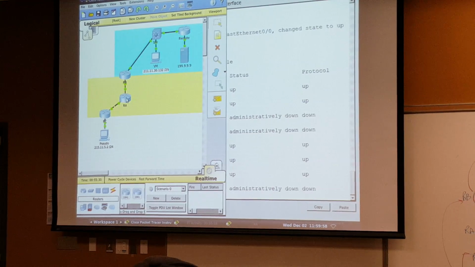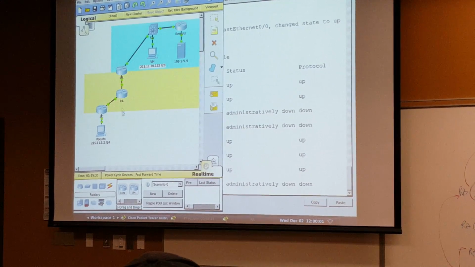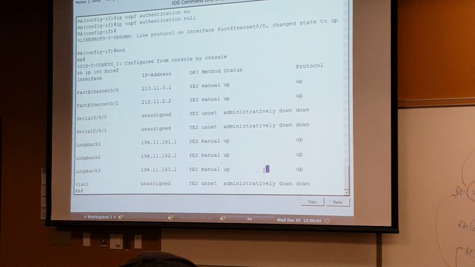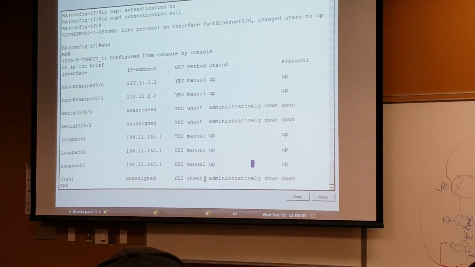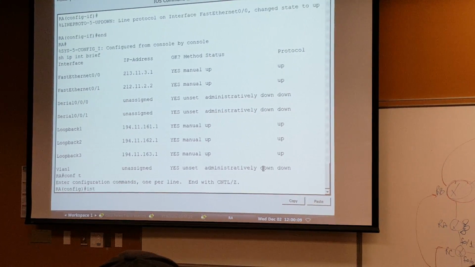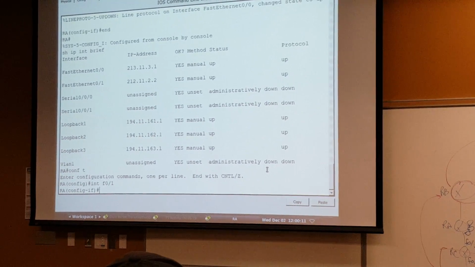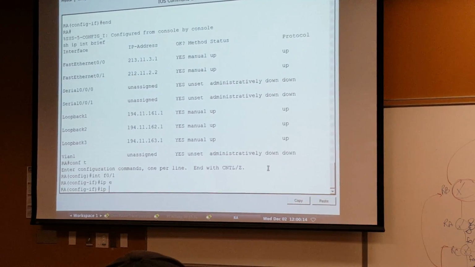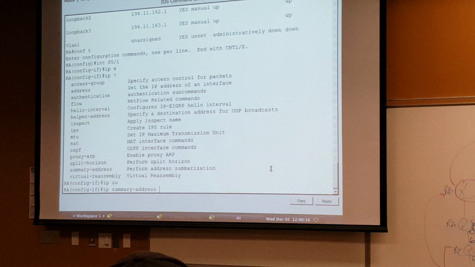And you would advertise it on F0/1 going up to router B. So configure terminal, interface F0/1, IP summary address.